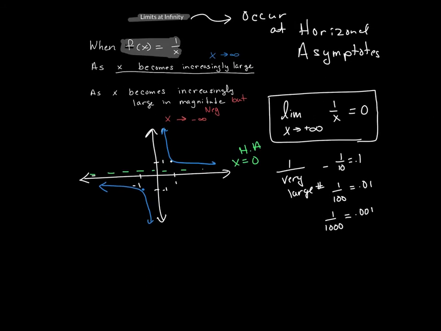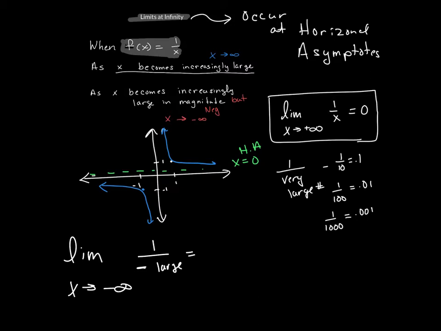Now, if we look over at the other side, if I have the limit as x approaches negative infinity, I have a negative. This is still getting very, very large in the bottom.